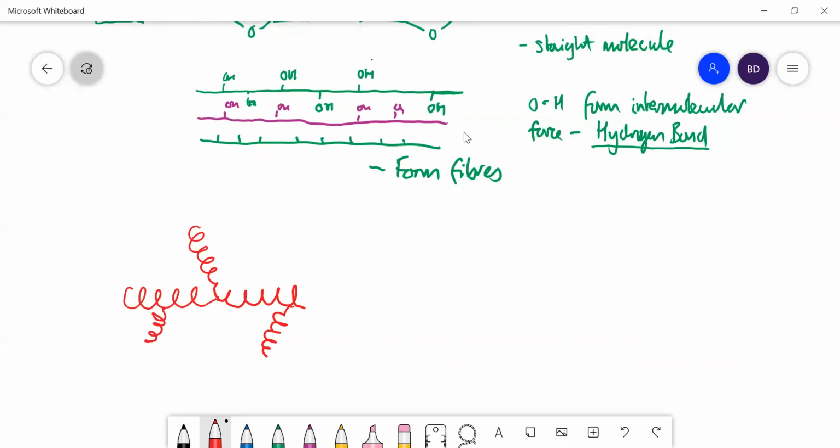Now, how does that occur? Well, if you remember our glucose molecule, we've got 6 carbons. So here's glucose. Now that's carbon number 1 there. That's carbon number 4. Most of the glycosidic bonds are between carbon atoms number 1 and 4 in starch. But every now and again, sometimes you've got carbon atom number 6 sticking up there. Carbon atom number 6 on that one can form a bond to number 4 on another molecule.